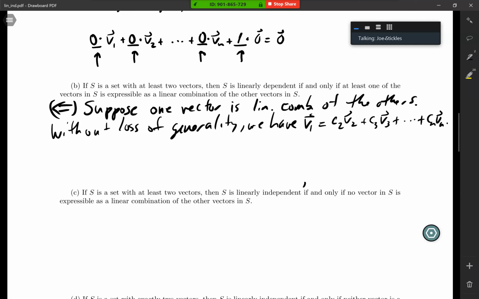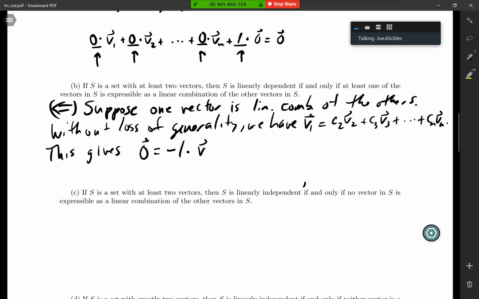Now, again, to show that it's linearly dependent, I know that I need to get the 0 vector on the other side. So what I'm going to do is just subtract the V1 to the other side. And I'm going to be a little bit pedantic about it, not just write negative V1.